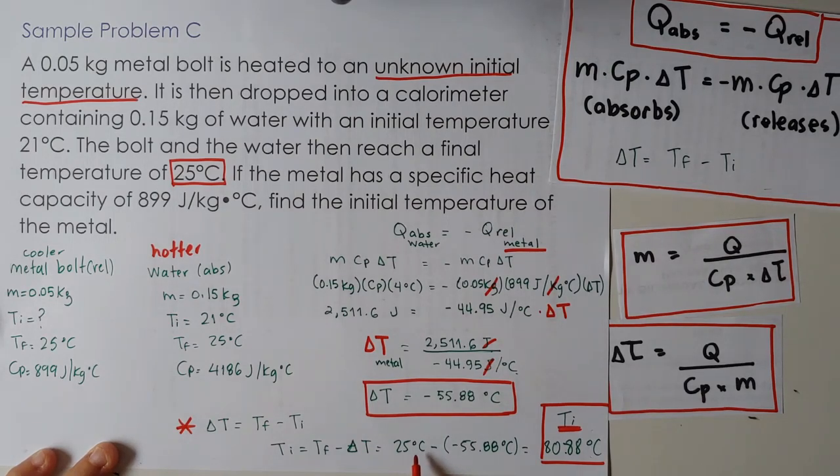So my final is 25 minus the initial temperature, that is unknown. You isolate for the initial temperature, so it's gonna be the final minus change in temperature. 25 minus change in temperature, which is negative. Negative makes a positive, so basically you add them. The initial temperature is 80.88 degrees Celsius.